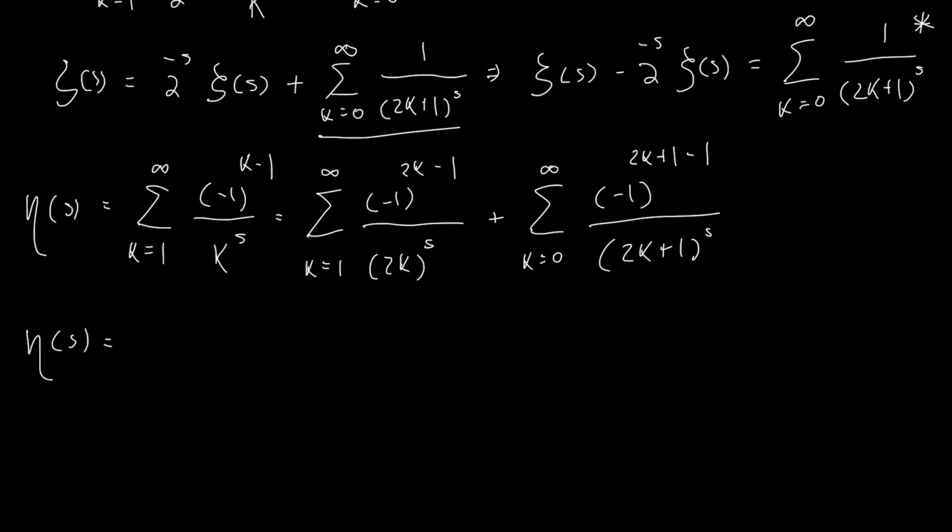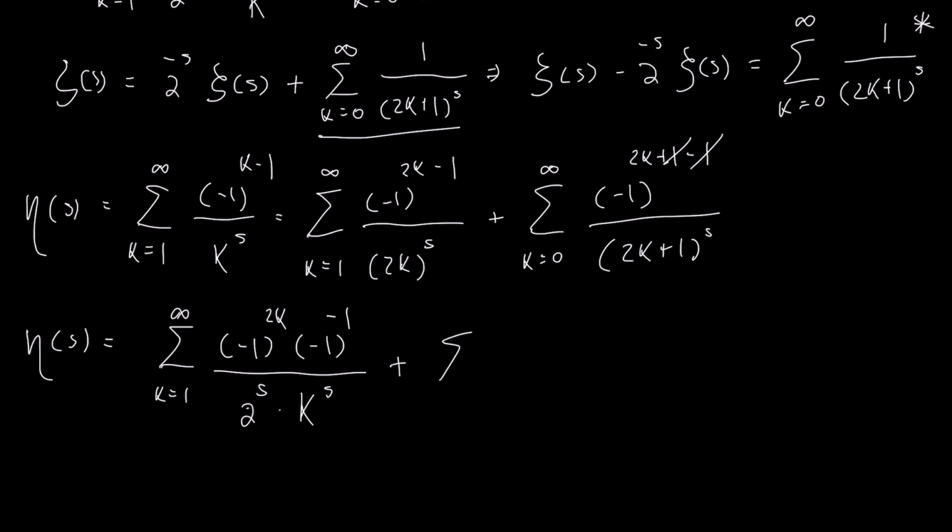So you have eta s is going to be the sum from 1 to infinity. We could break this apart into negative 1 to the 2k, negative 1 to the negative 1 over 2 to the s, k to the s, and then plus, this cancels, the sum from 0 to infinity, negative 1 to the 2k divided by 2k plus 1 to the s power.